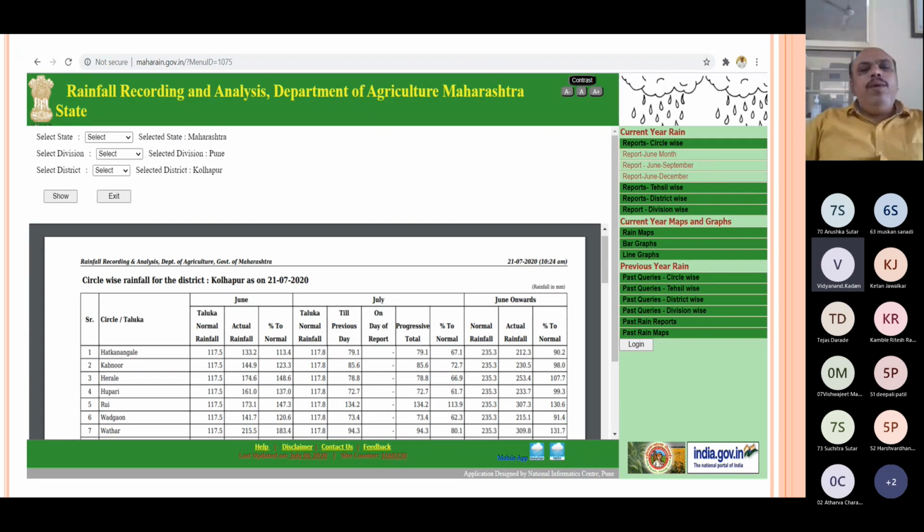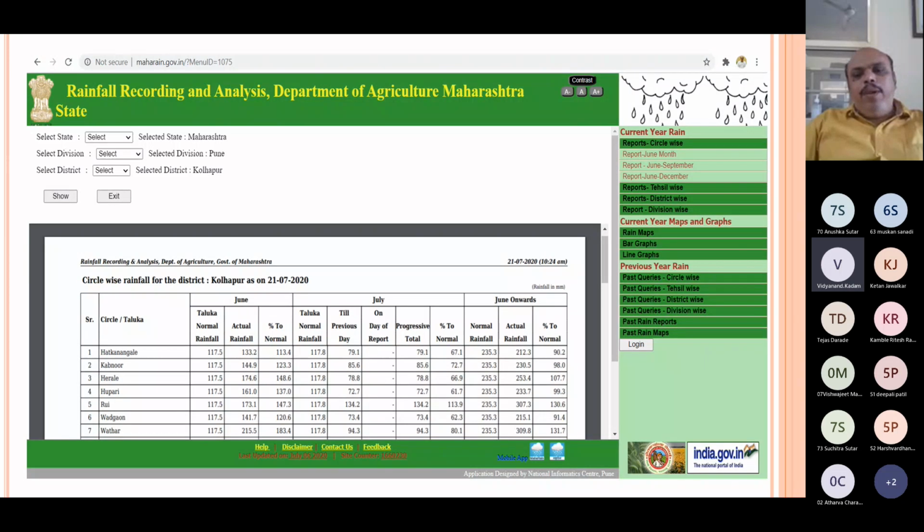Now this is a somewhat different thing I want to show you here. That is the rainfall record data. This rainfall record data is available on maharain.government.com.